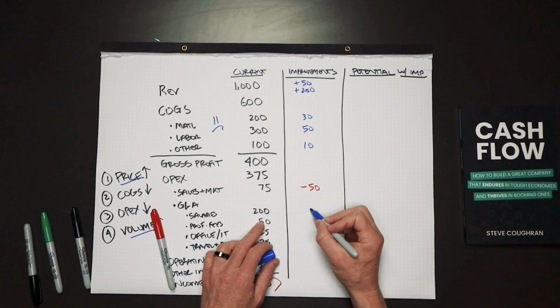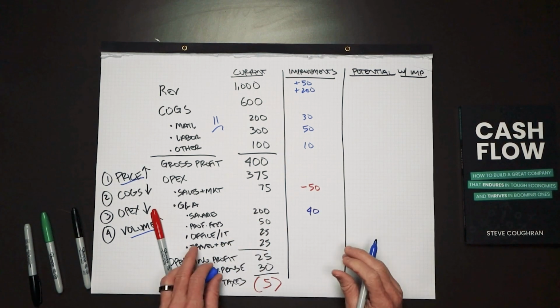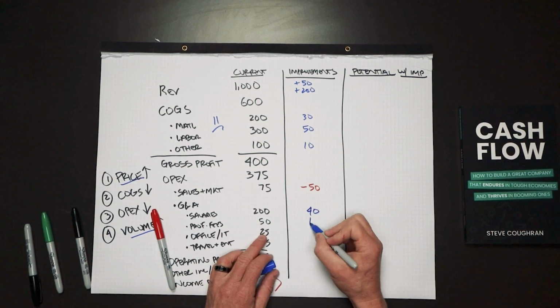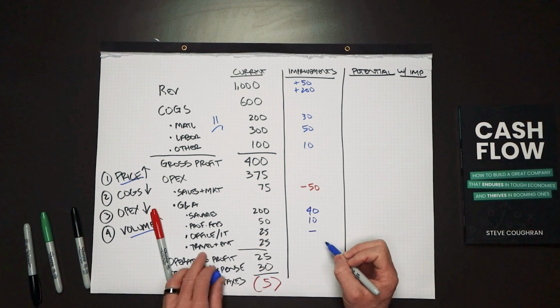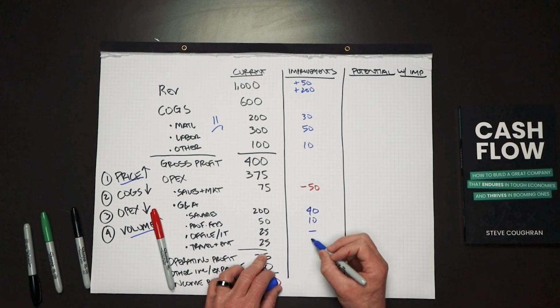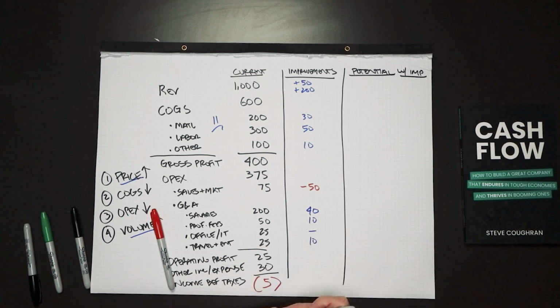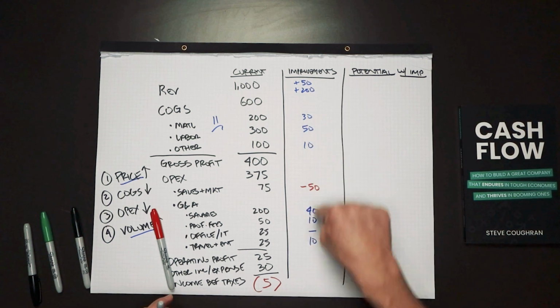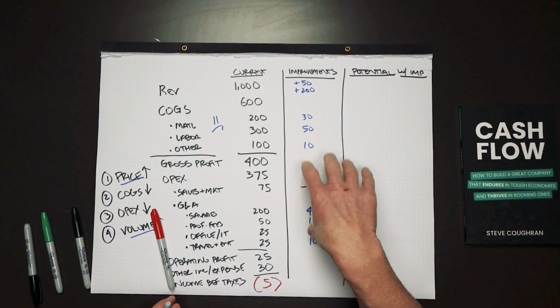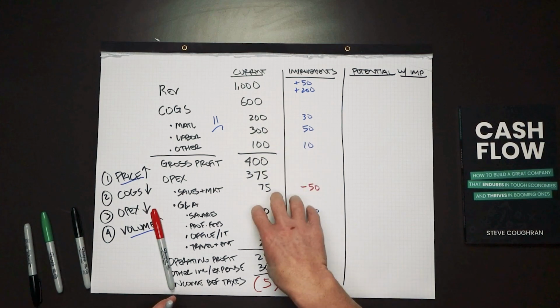So we'll actually save, let's say, $40. Professional fees, some reductions here. Office and IT, we'll just say is flat. Travel and entertainment, maybe there's a little bit of waste here, 10. And I think you get the point. You go down the line and you pinpoint exactly what the upside will be if you improve any of these.